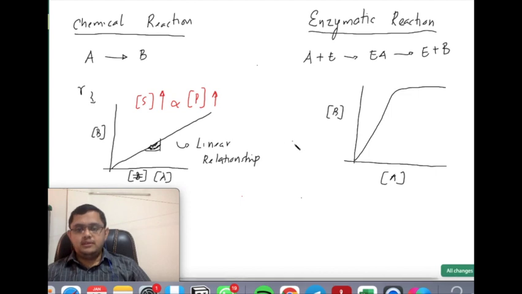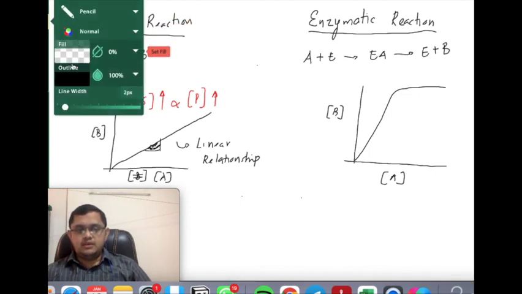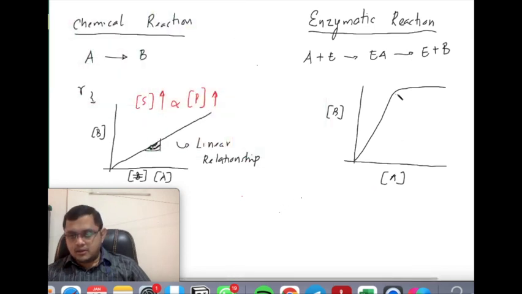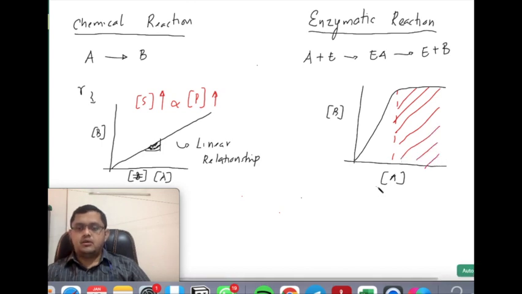So what it means is, even increasing the substrate beyond a point, say this is the point, beyond this level, the product is not produced much higher.